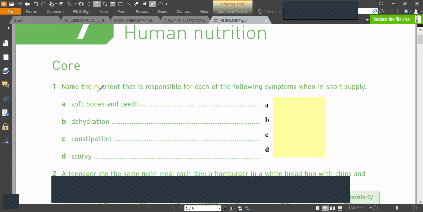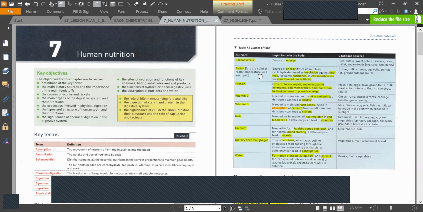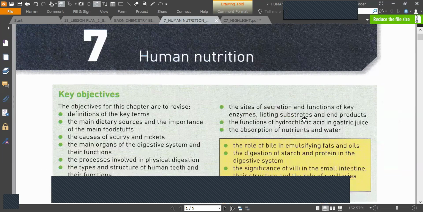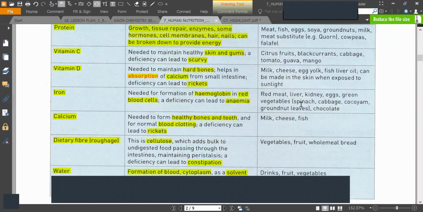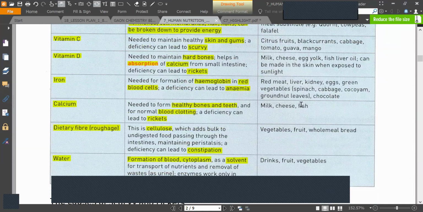Name the nutrient that is responsible for each of the following symptoms when in short supply. So we already learned the different nutrients, and the deficiency disease that can happen if we lack these nutrients.